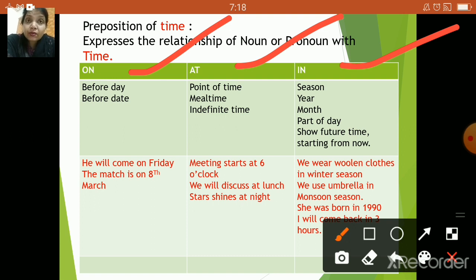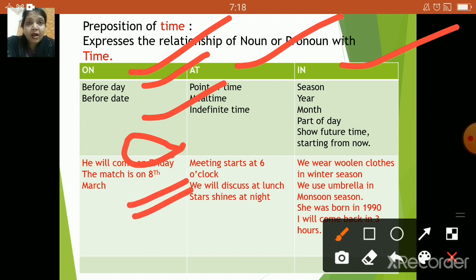When we use on, yes, before any day, okay, before date. So the example could be something like he will come on Friday, right? Next, the match is on 8th March.